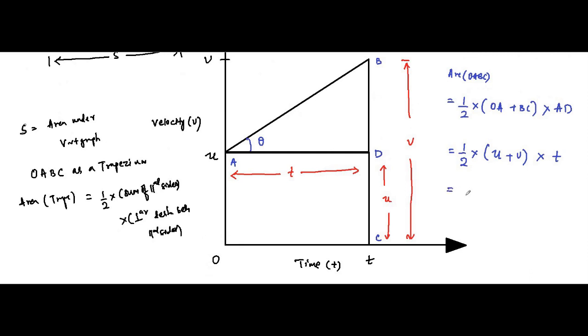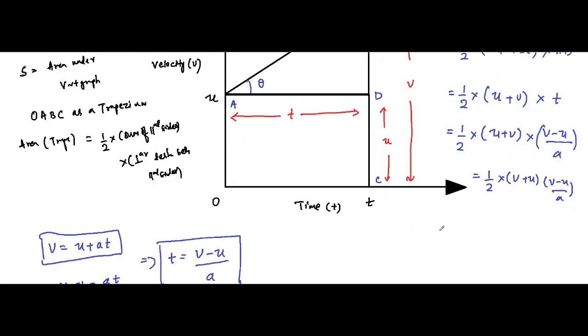That is equal to 1/2 into u plus v into v minus u by a. Or we can write it as 1/2 into v plus u into v minus u by a. That is equal to the displacement, the area under the velocity time graph, which is the area of the trapezium.